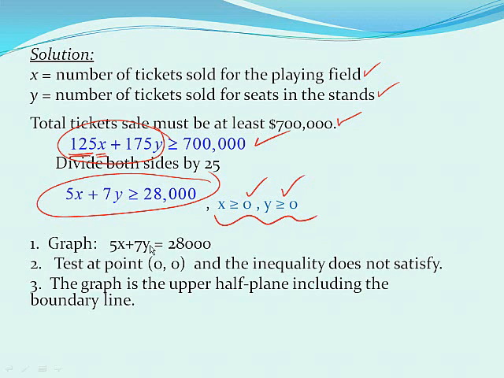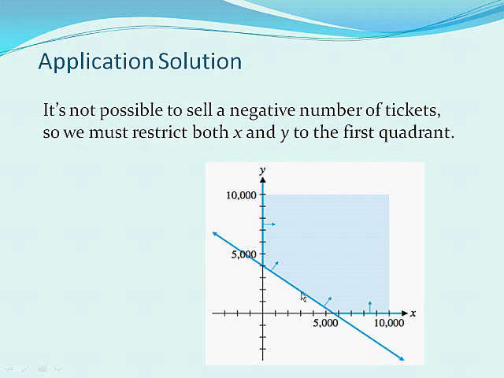Now we can graph this inequality by first graphing the boundary line 5x plus 7y equal to 28,000 and shading one of the half planes. So this is the boundary line, and now if we test at the origin, the inequality is not satisfied, so we are going to shade the half plane above the line.